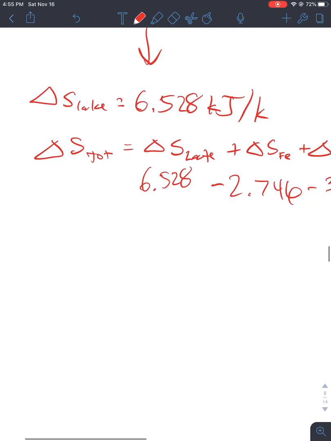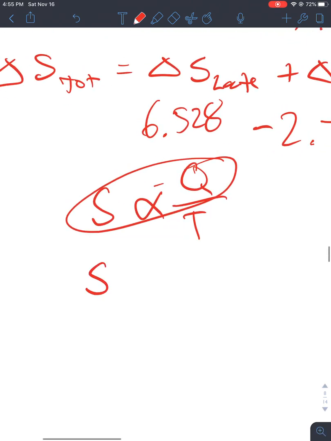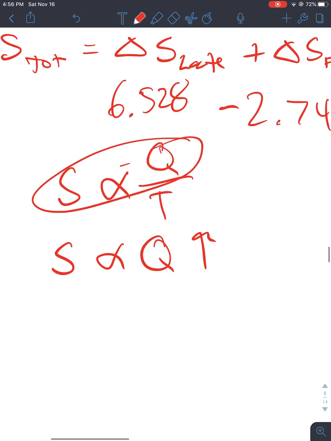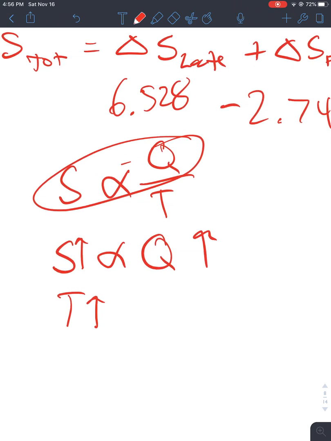Yeah, I guess when heat goes out, so if you look here, entropy is related to heat over temperature. So entropy is directly proportional to heat. If heat goes up, entropy goes up. And if temperature goes up, is that right? Oh my gosh, did I get that backwards?